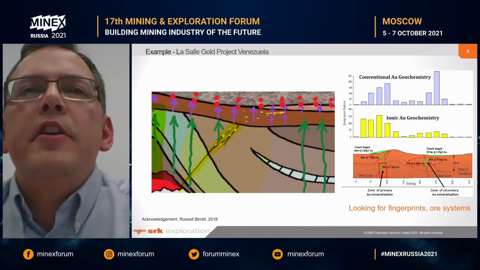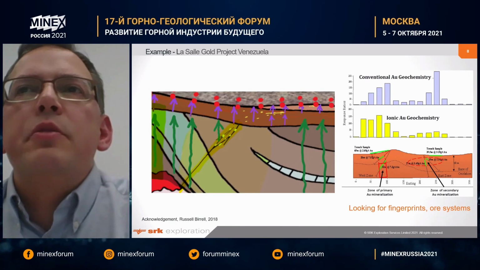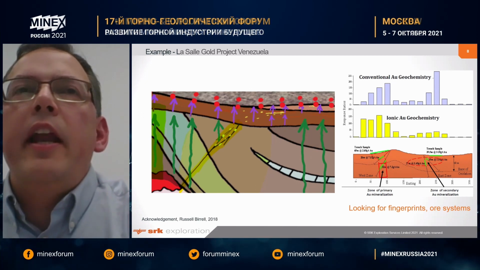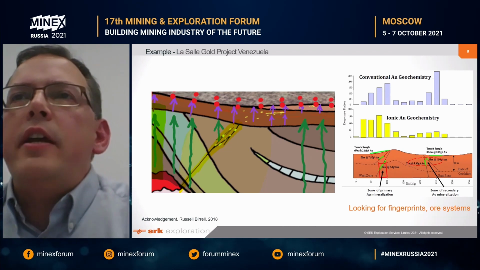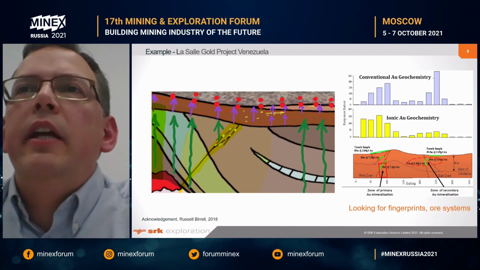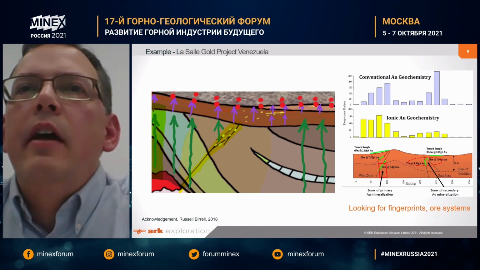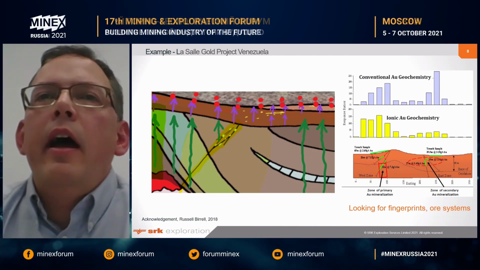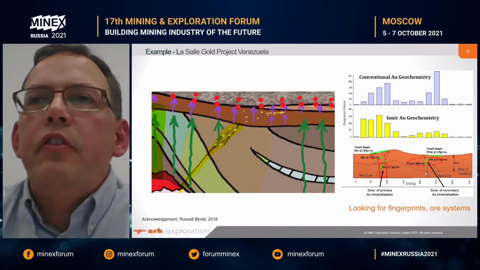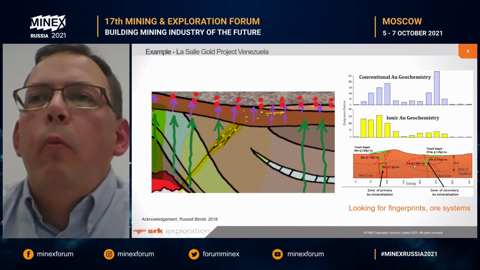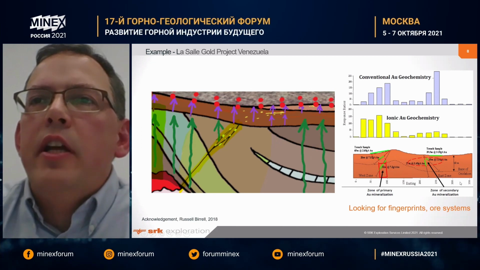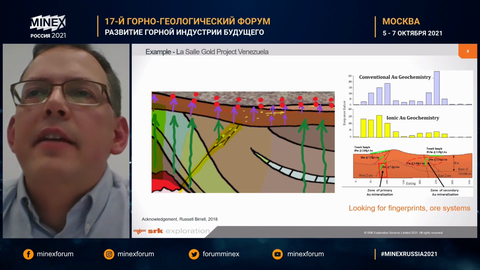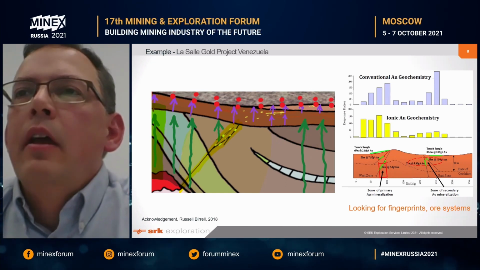An example of where this method has been used comes from Venezuela. This is an example of an epithermal gold project that was sampled using conventional geochemistry, as well as ionic geochemistry, looking for gold. And if you look on the right-hand side of the screen, where the cross-section is, I hope you may be able to see that two trench samples have been taken at surface.